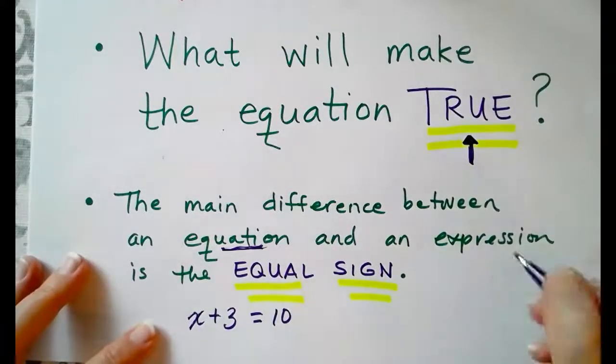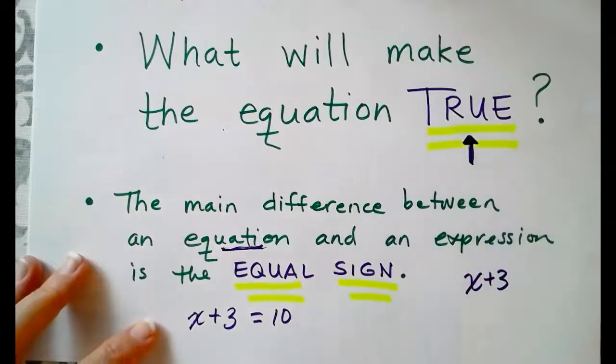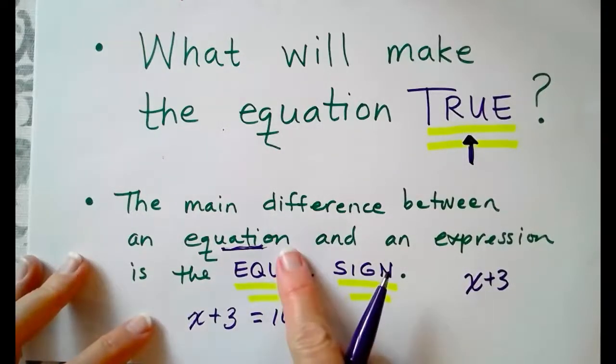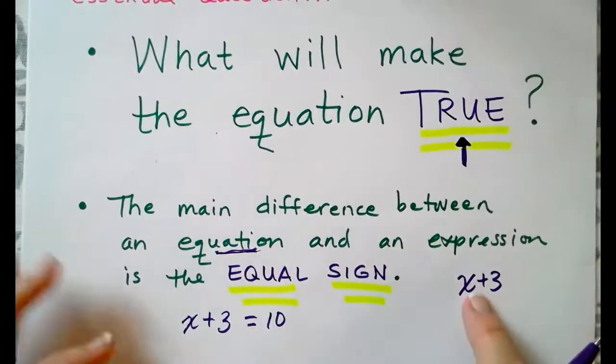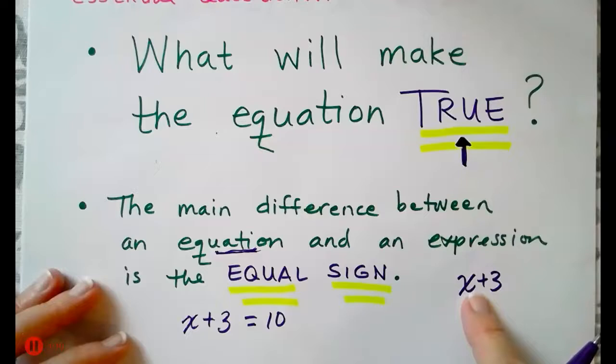An expression is simply x plus 3. So once we set it equal to something, it becomes an equation because it has the equal sign, and that's the verb of the sentence. An expression lacks an equal sign, therefore we are not able to solve it. It can only be simplified if possible.